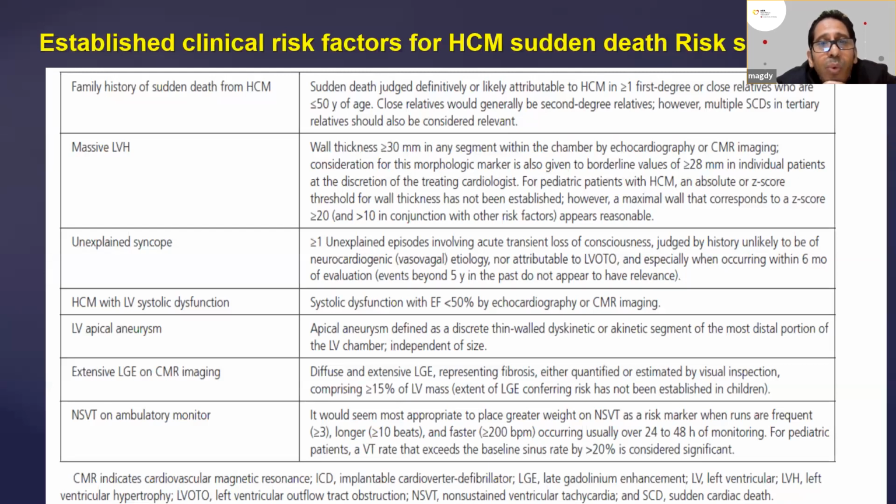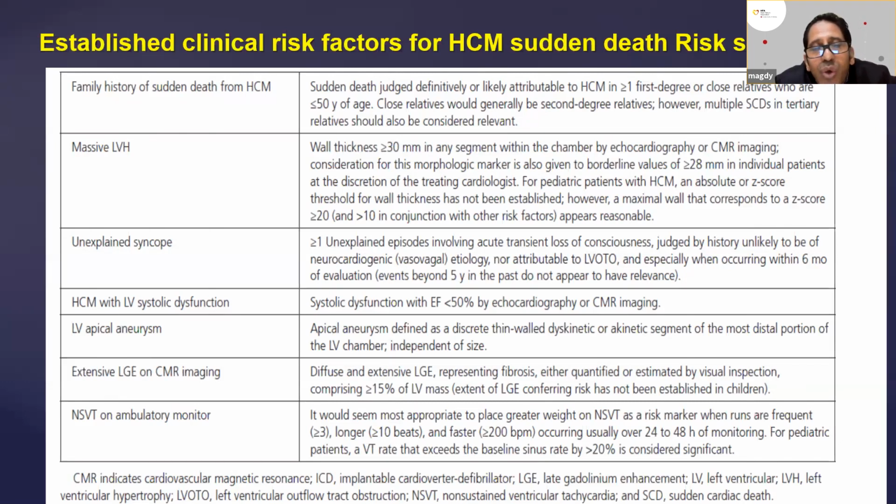Massive LVH, wall thickness again more than 3 centimeters in any segment within the chamber, assessed by echo or CMR. Unexplained syncope, one or more, involving acute transient loss of consciousness, especially if there is a recent history of syncope. And we have to rule out syncope due to vasovagal or neurocardiogenic etiology, or syncope not due to LVOT obstruction.